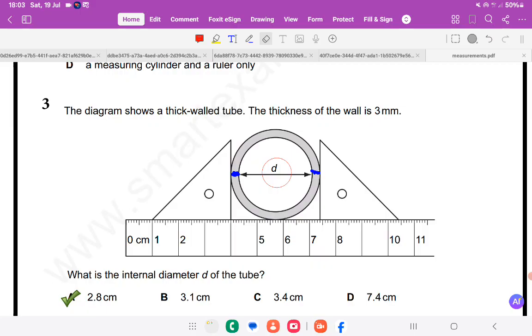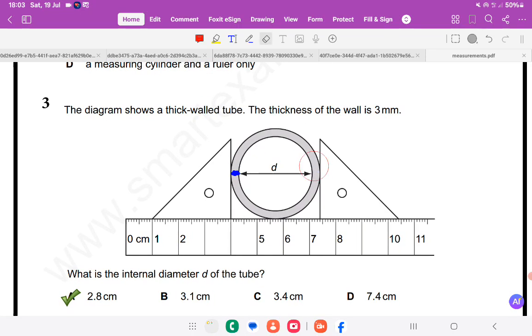For us to find the value of D, we need to find the total external diameter minus the thickness. So we take the whole external diameter, and then subtract the thickness from both sides. Alright, so let's find this whole distance and see what we get.